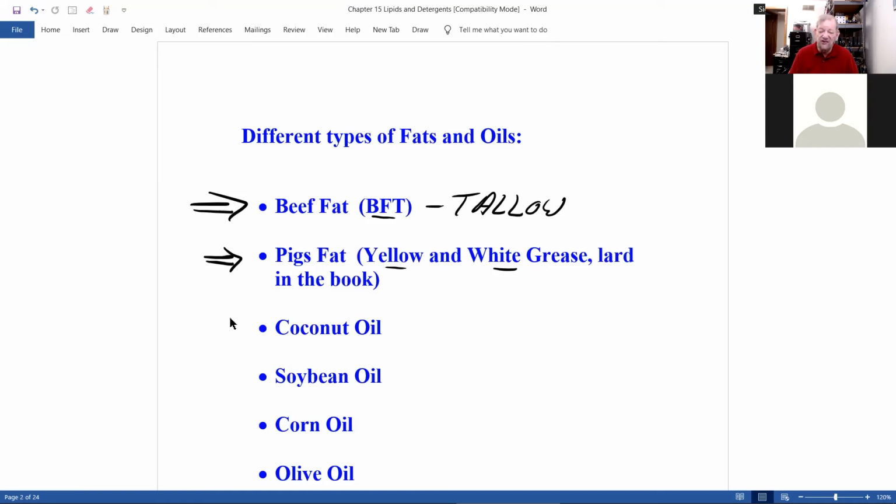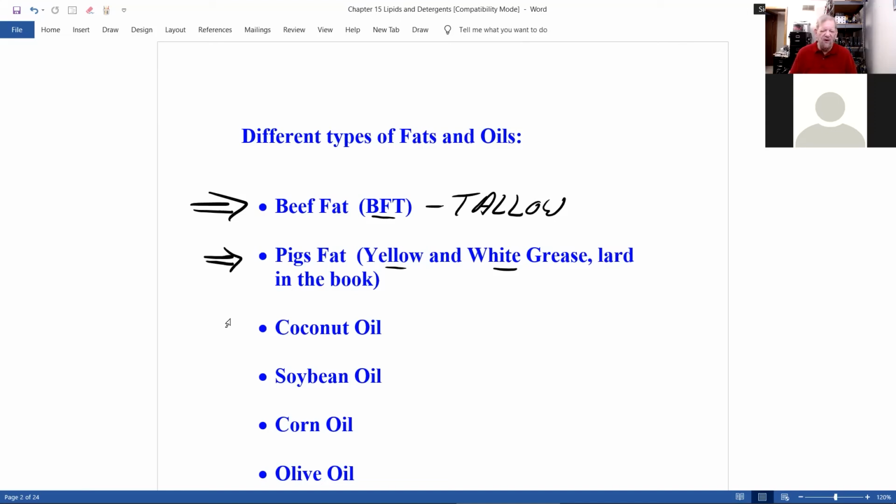And it's cheaper. What do I mean by cheaper? Depending on various factors when you're buying it, like, are there any problems with disease with beef or with pigs, how much is being slaughtered and processed for meat, and the fats rendered into yellow grease, white grease, or tallow would indicate the price.